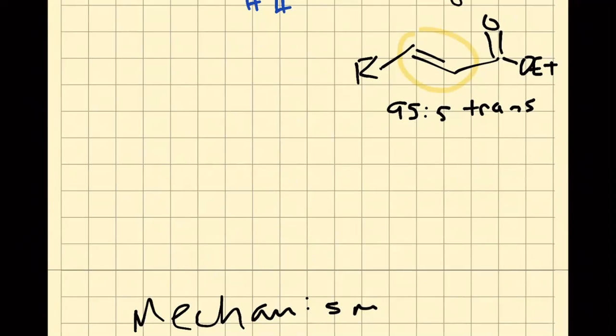depending on what your preference is. And the reason that's important is because, again, when you're doing synthesis, sometimes you need a trans alkene in the product, or a trans alpha-beta unsaturated ester, or a cis alpha-beta unsaturated ester.